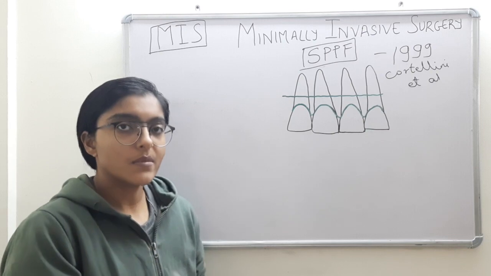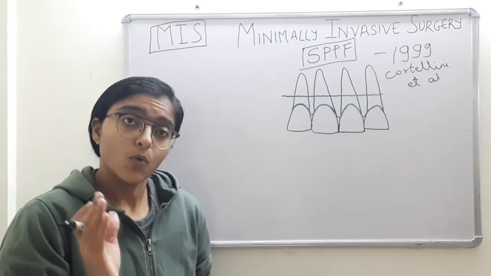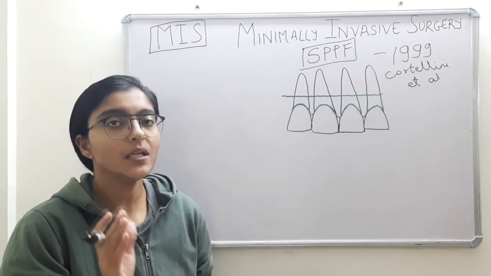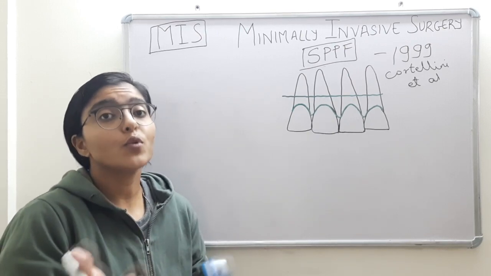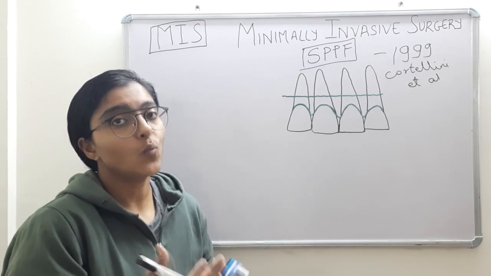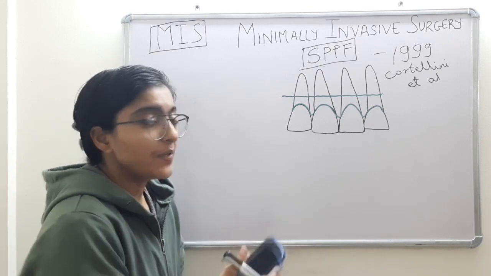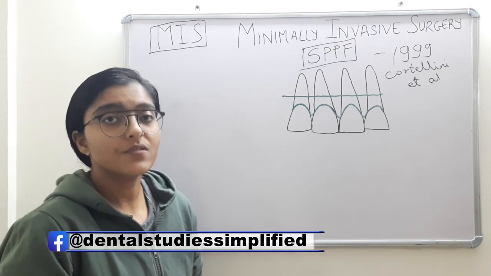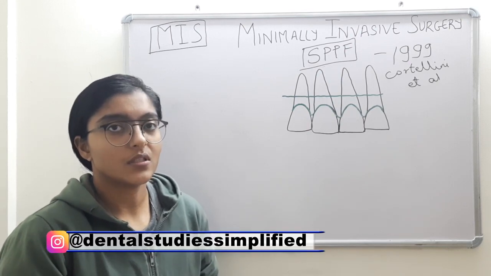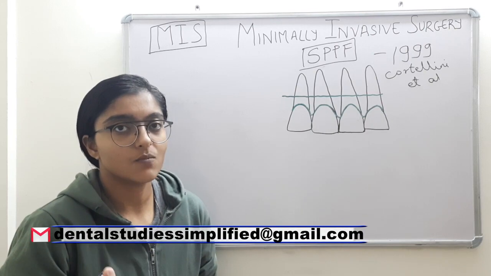Similarly here, MPPT, as already told, it was performed in all the sites. That means it can be performed, but more better results are found in anteriors and wider interproximal regions with MPPT, and SPPF gives more better results in narrow interproximal regions and posteriors, but they can be applied in the other sites as well.